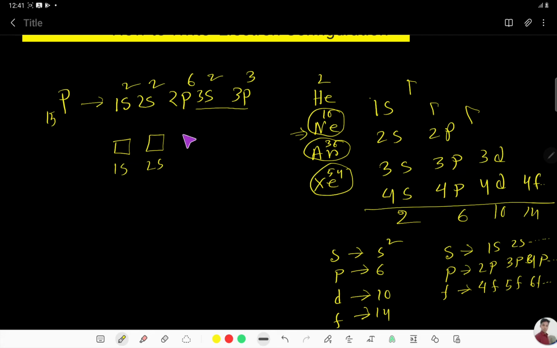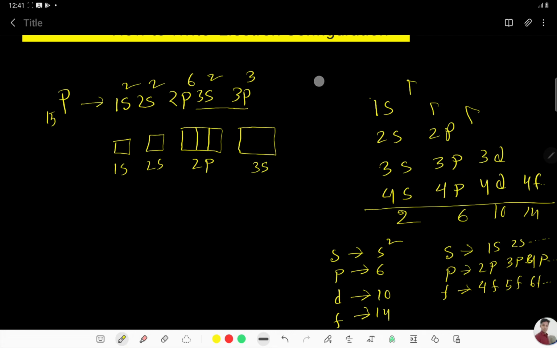The p subshell has 3 orbitals, so we can express 3 orbitals by considering 3 boxes for 2p. Then we have 3s. The s subshell has one orbital, that is 1 box, 3s, right?